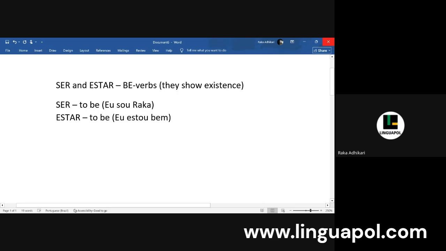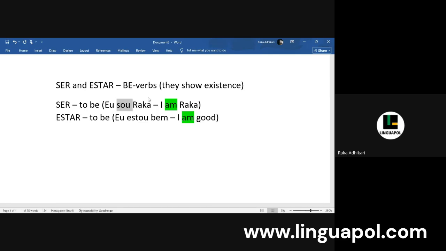So when I'm saying eu sou Raka, this means I am Raka. Also, when I'm saying eu estou bem, it also means I am good. So in both cases, I am using the word "am" in English, but in Portuguese, we have two different words.